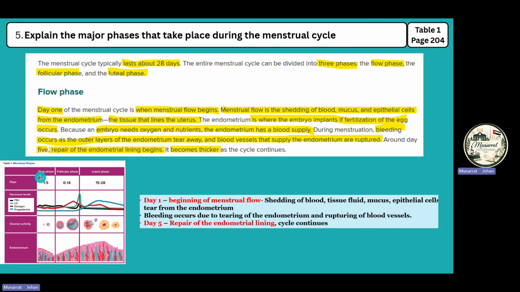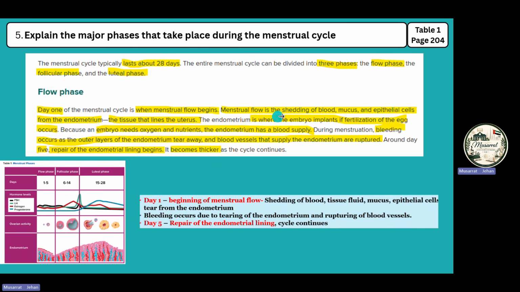So what happens in the flow phase? The whole cycle of 3 phases is 28 days. The flow phase is day 1 of the menstrual cycle. When the menstrual cycle begins, it is the first day of the flow phase, when the menstrual flow begins. What is menstrual flow?